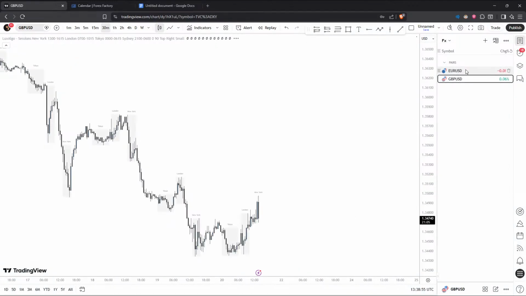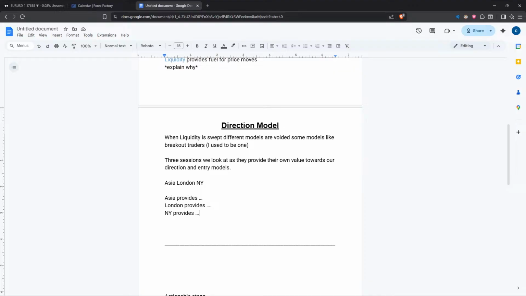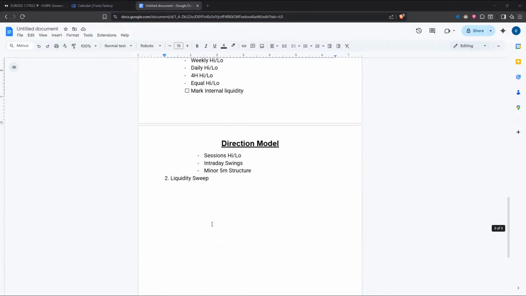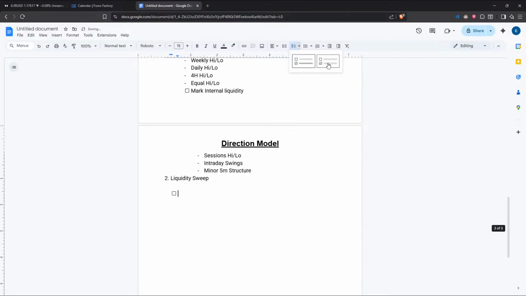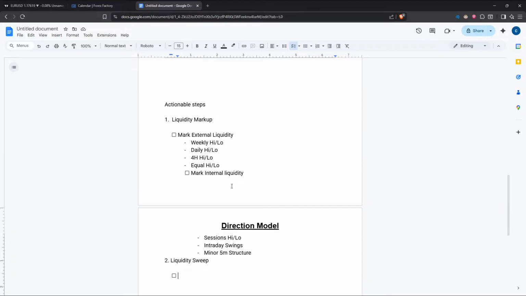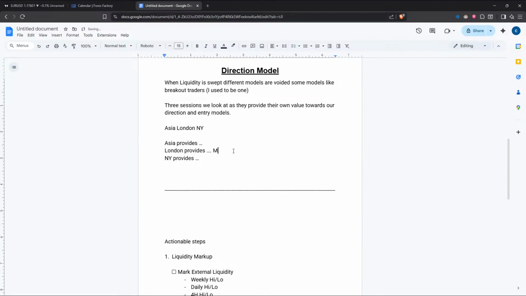Remember, we're live trading and we are making this document at the same time. So we're waiting for the London session to perform a sweep. Let's get the checkbox. No, wrong one. I'm just going to put some manipulation, direction.